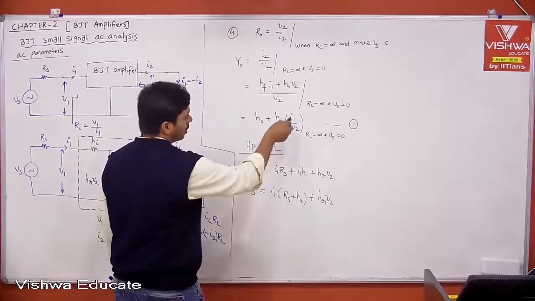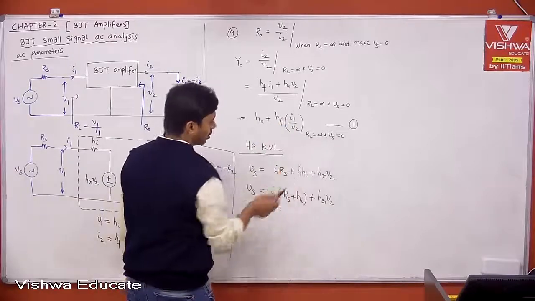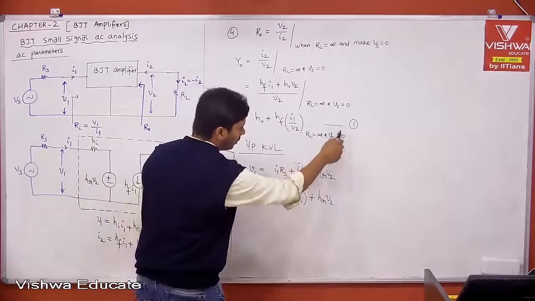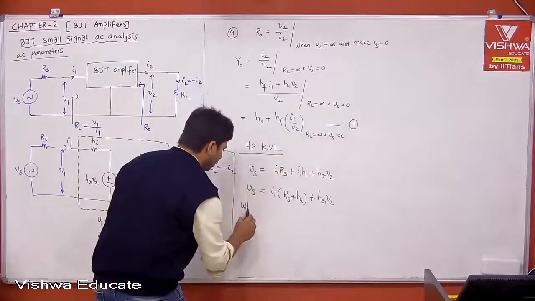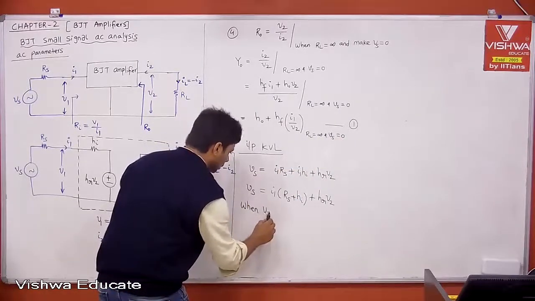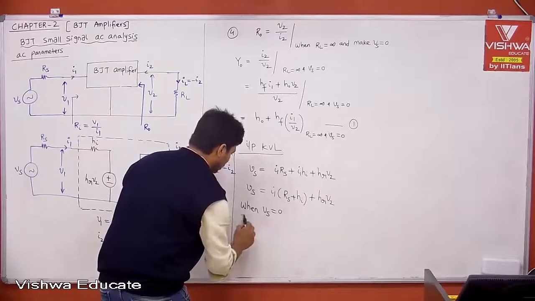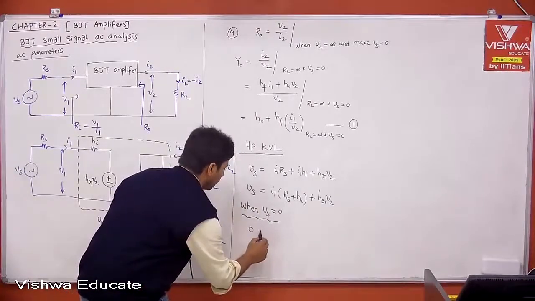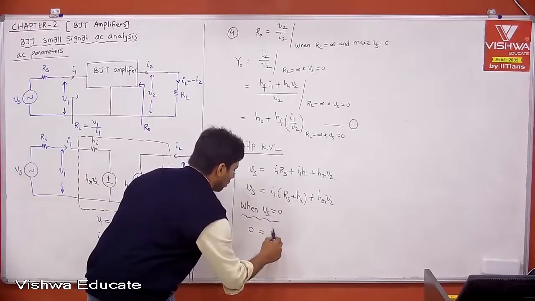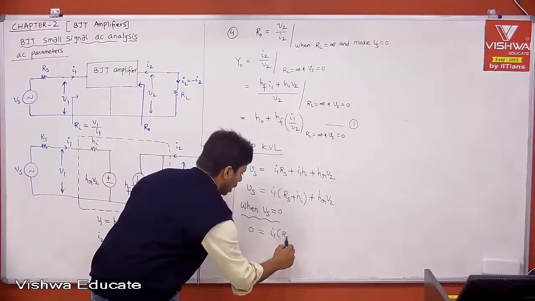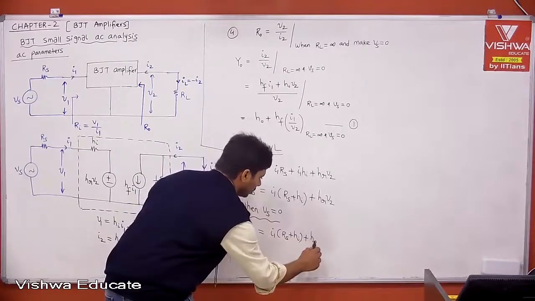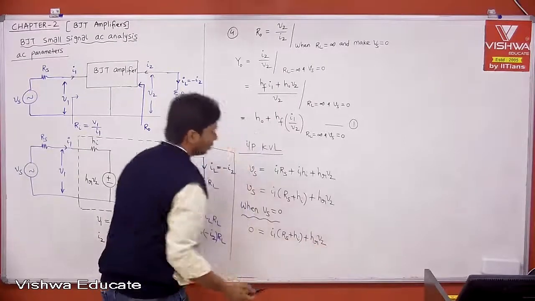But we want I1 by V2 when Vs is 0. Here there is no RL term, therefore you can ignore that. Now, when Vs is 0, 0 is equal to I1 into Rs plus Hi plus HR into V2.